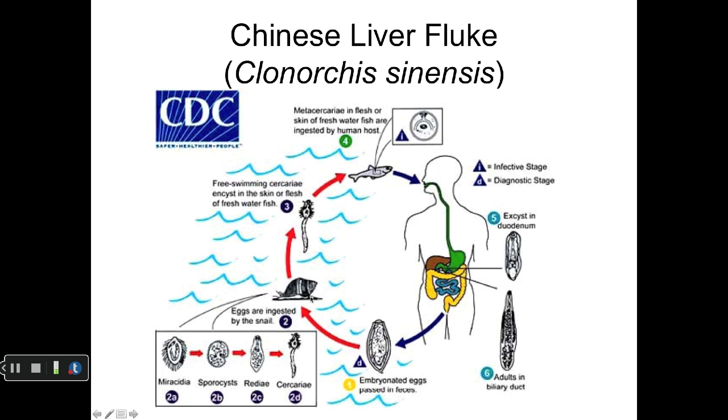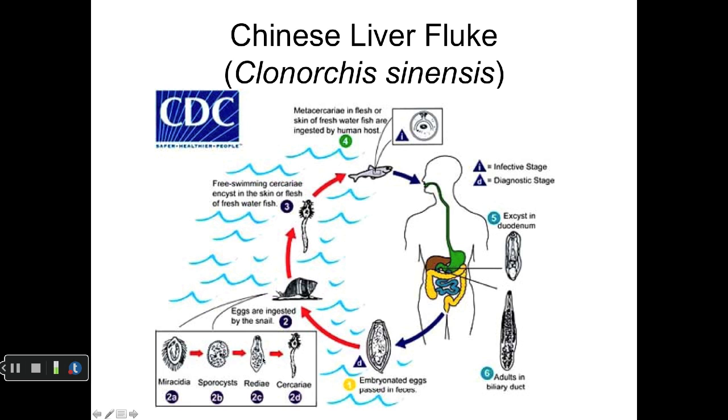It's kind of strange. Instead, the snail has to actually eat the egg. So the miracidium is still inside, the operculum is still intact, and then the snail ingests the egg. Now, once the egg is inside the tissue of the snail, the operculum opens and the miracidium comes out.